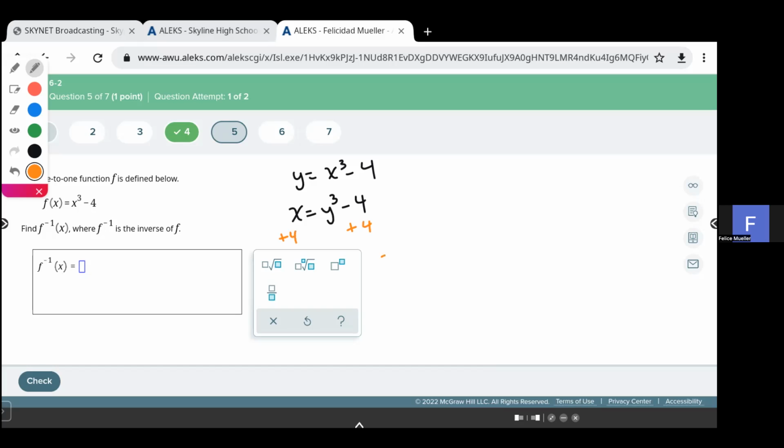So we get x plus 4 equals y cubed. I then take the cube root of both sides, and that will cancel out the root and the exponent on that side. I'm left with the cube root of x plus 4 equals y, or in this case, f to the negative 1.